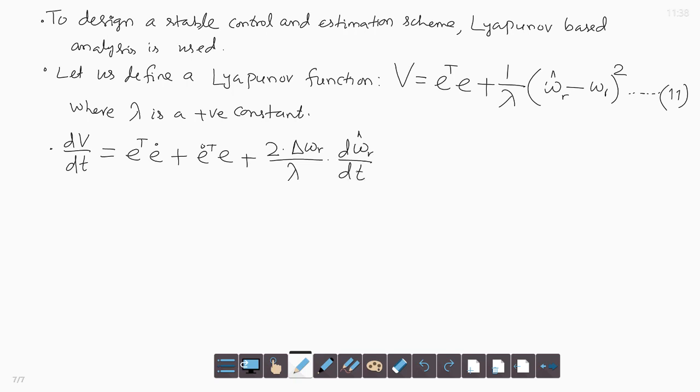So in this approach we consider omega r a slowly varying parameter.